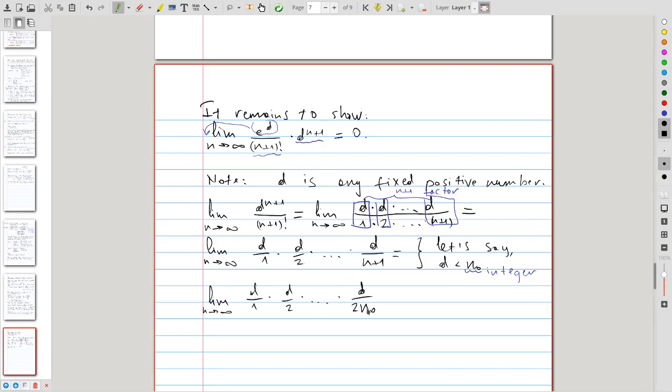It is a positive integer, and therefore the factorial will contain such a factor. Then we will have the factor d over 2n0 plus 1, d over 2n0 plus 2, and so on, up to d over n. So for sufficiently large n, n is bigger than 2n0, and this is what the product of n plus 1 factors will look like.